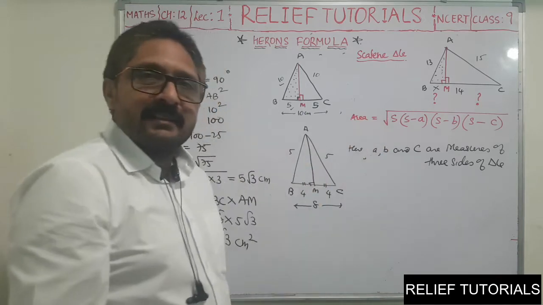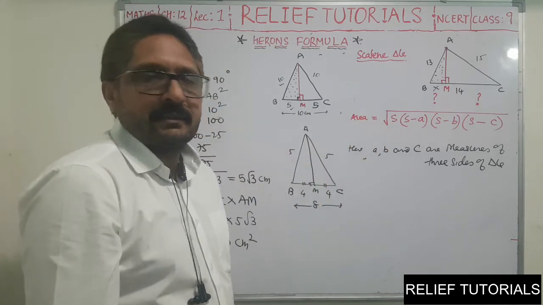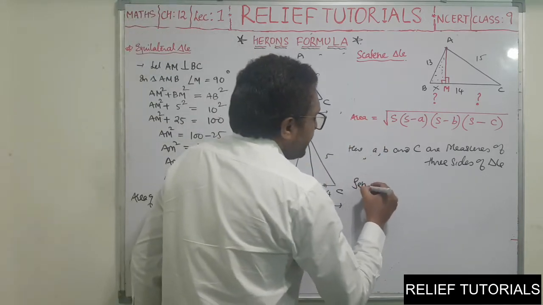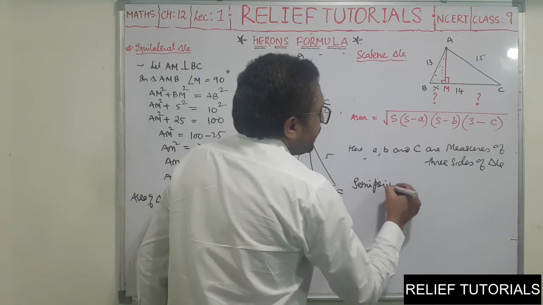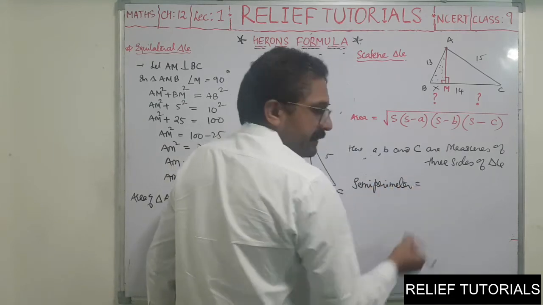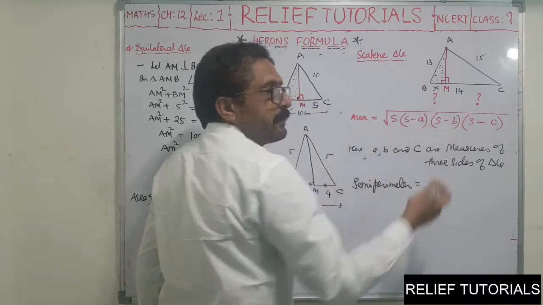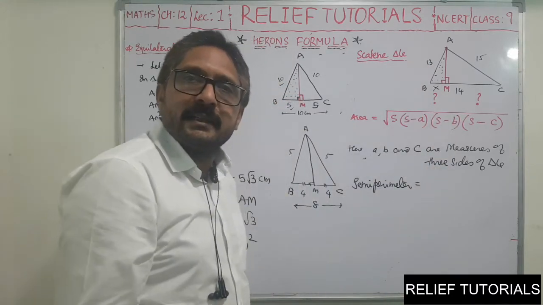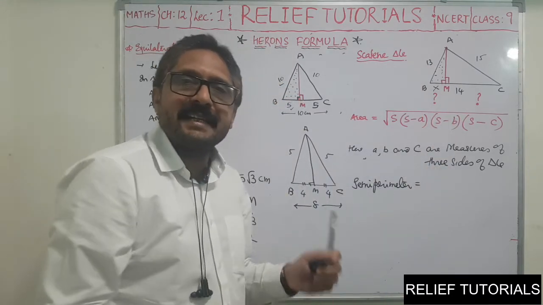What is this S? S is semi-perimeter. Semi means half, so half of the perimeter. You know what is perimeter? Perimeter of a triangle is nothing but the sum of all three sides.